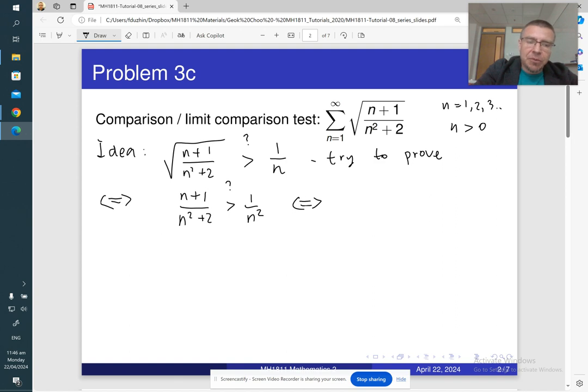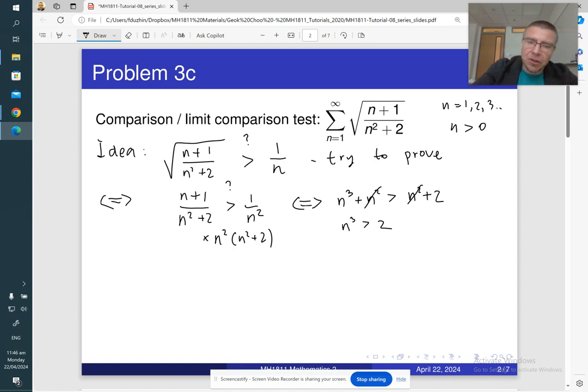Now we can multiply our inequality by the product n squared times n squared plus 2. This is a positive number, so we do not need to reverse the sign. Doing that, we get n cubed plus n squared is bigger than n squared plus 2. So we can cancel n squared, and what we get is n cubed bigger than 2.